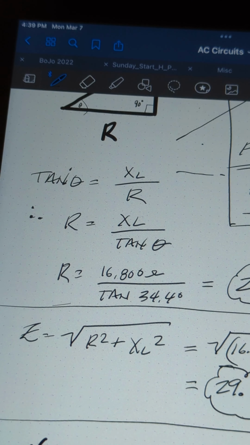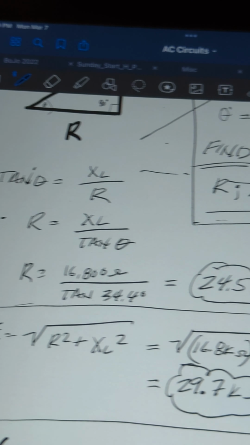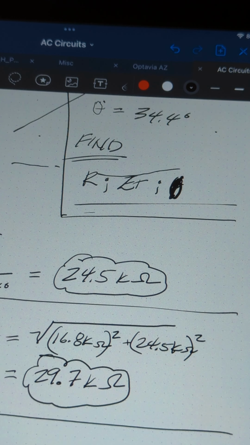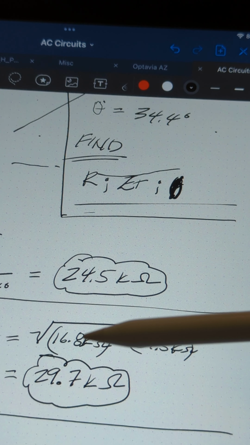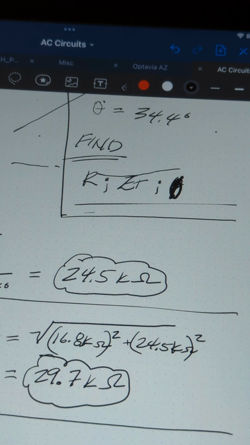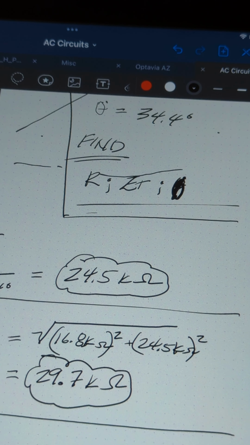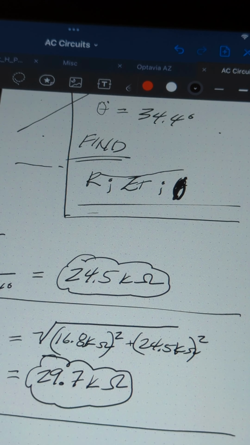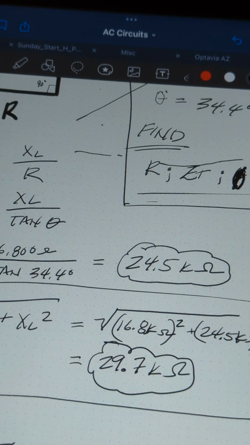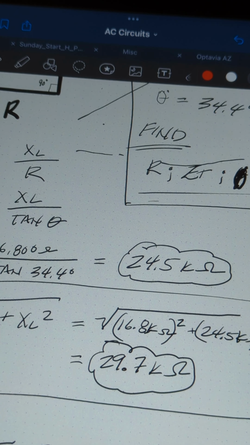If I want to figure out Z, my total impedance, I'm going to use the Pythagorean Theorem. I take the square of my resistance plus the square of my inductive reactance, and the square root gives me the hypotenuse of that triangle, which is 29.7 k ohms.